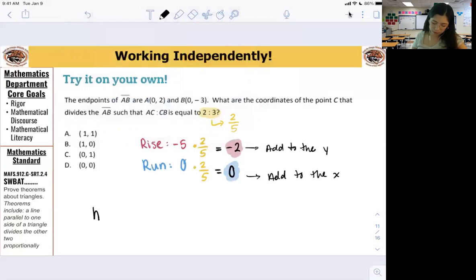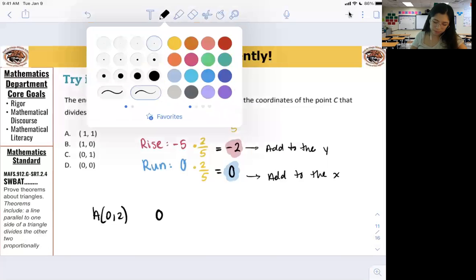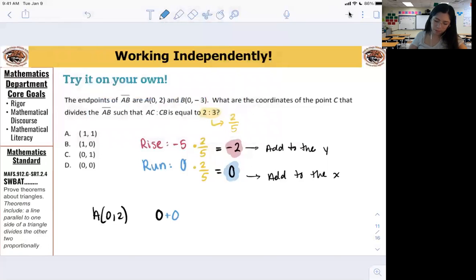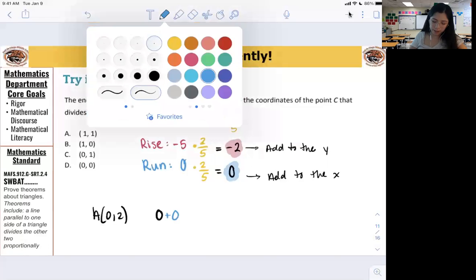So I started at 0, 2. Now I'm doing 0 plus 0 for the x value. So my x value is 0.